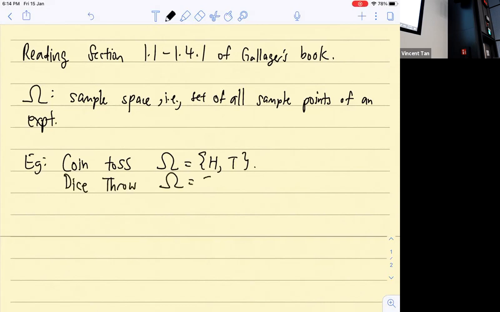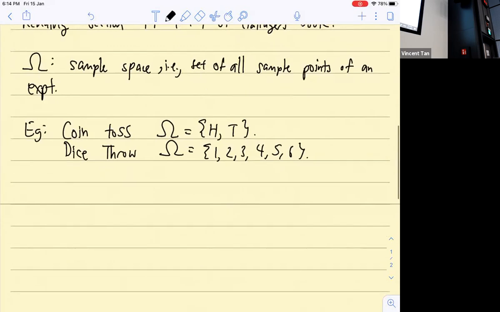Omega is equal to 1, 2, 3, 4, 5, 6. So in these two contexts, in these two sorts of experiments, the sample space is finite, because these sets here are finite, right?